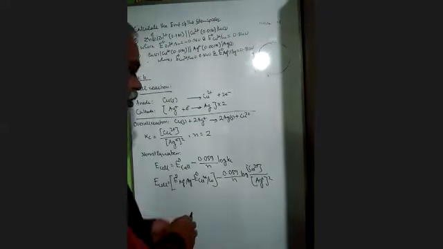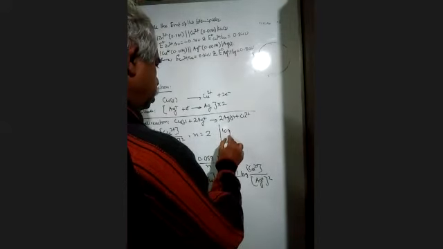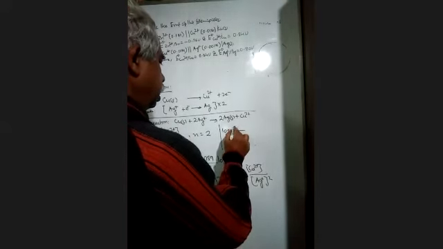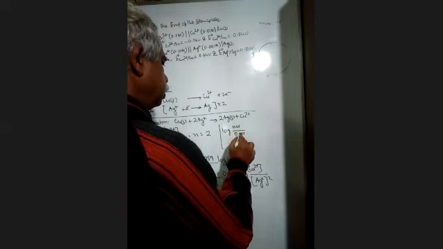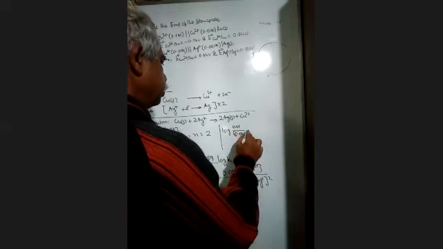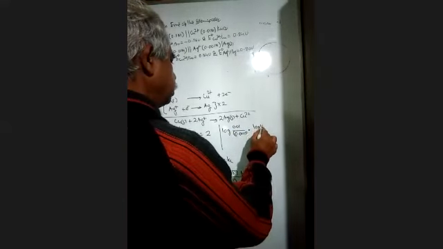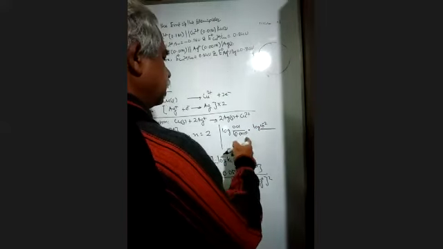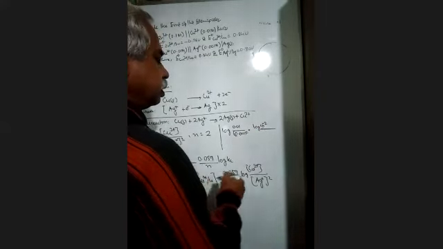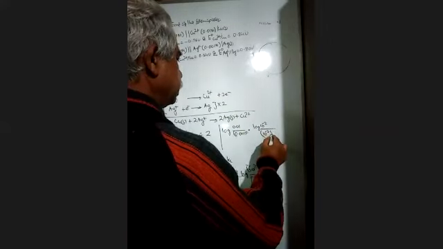Wait. It's 0.0295 log. I'll write 0.01 and 0.001 squared. So I can write this as log 10 to the power minus 2, and you have the square. How much does it come? 10 to the power minus 3 squared.